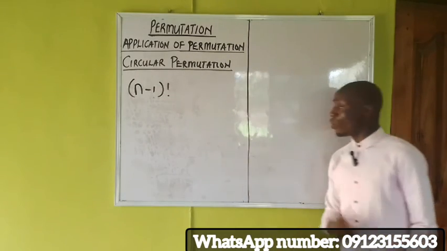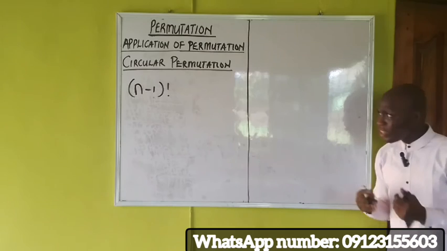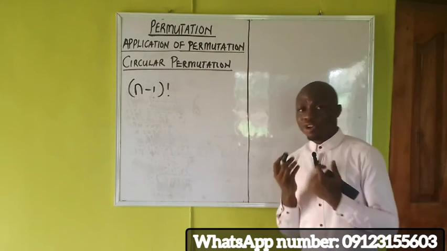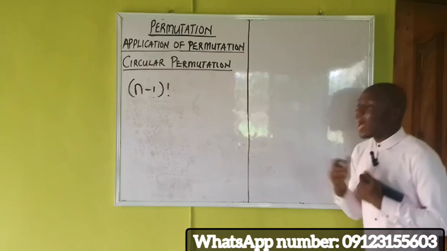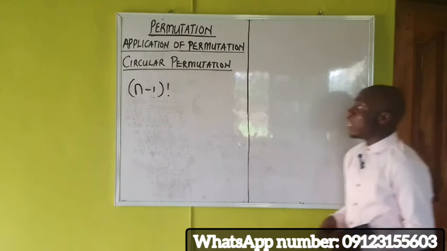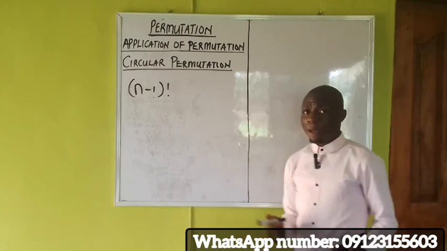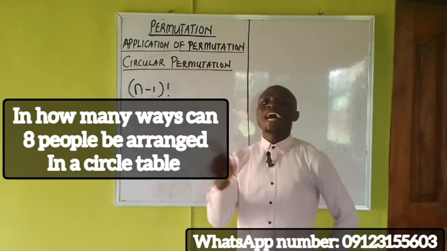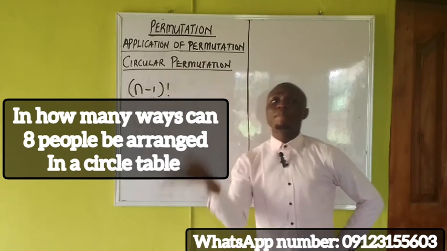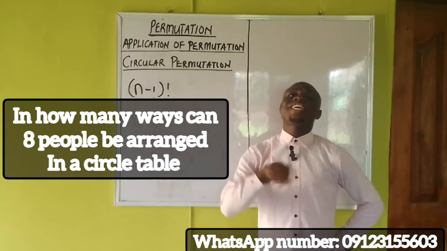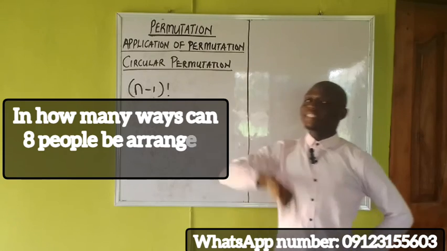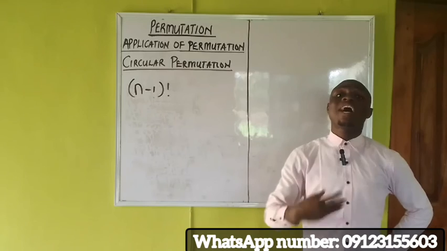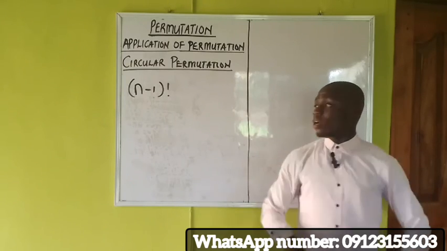Let's take an example and solve it using the concept behind circular permutation as an application of permutation. If I have a question this way: in how many ways can 8 people be arranged at a circular table? My n in that question is 8.